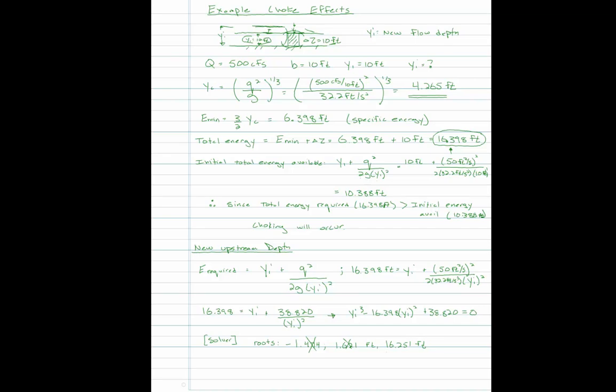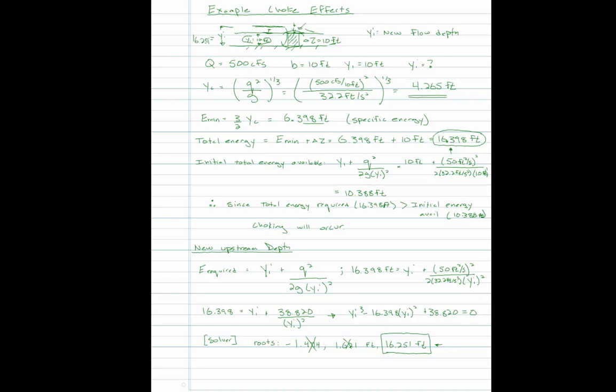And so this is how deep the water has to be upstream of that obstacle, upstream of the sill, in order to flow over the obstacle. And so once the water has pooled to that level, conditions will once again become steady and things will come into equilibrium. Upstream, the depth is 16.251 feet.